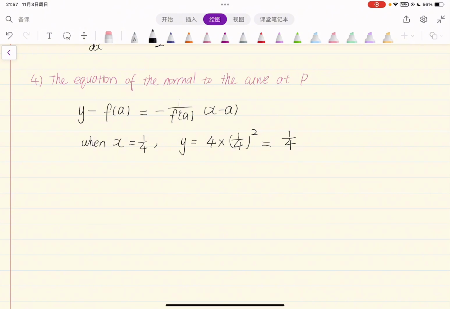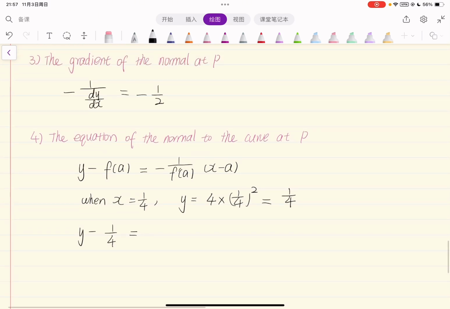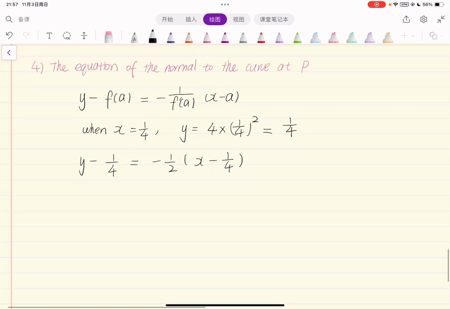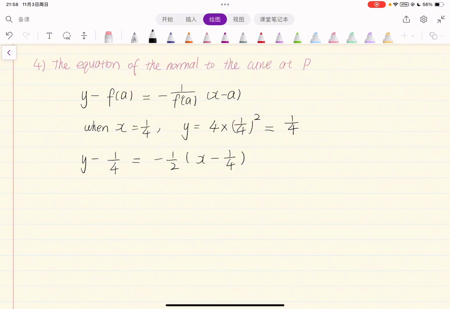So we can substitute the values into the equation. We have y minus 1 over 4 equals negative half times x minus 1 over 4. And we rearrange that, we have y equals negative half x plus 3 over 8.